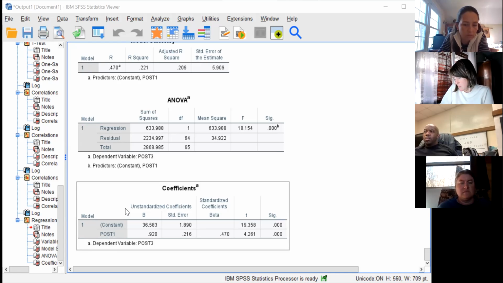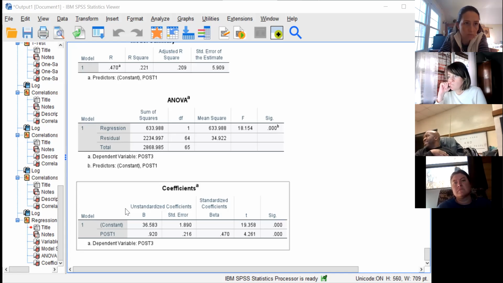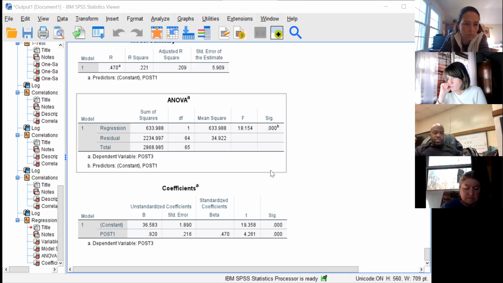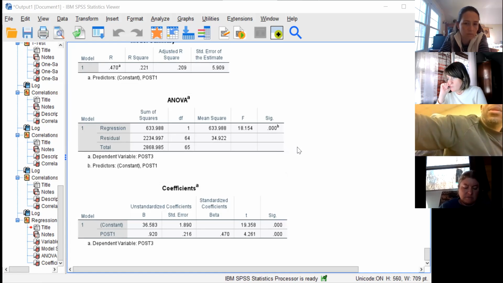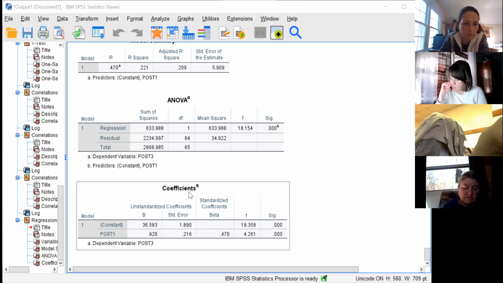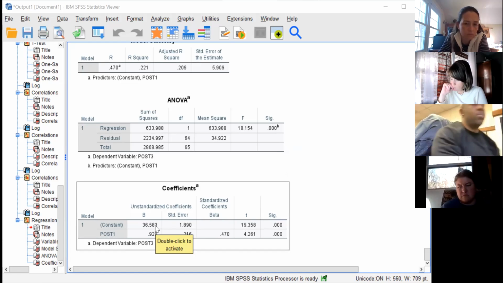We'll go right through it as soon as I can slide over there. Okay. I've jotted down the information from in here. And so I've jotted down the 0.920 and the 36.583. That's all I needed.